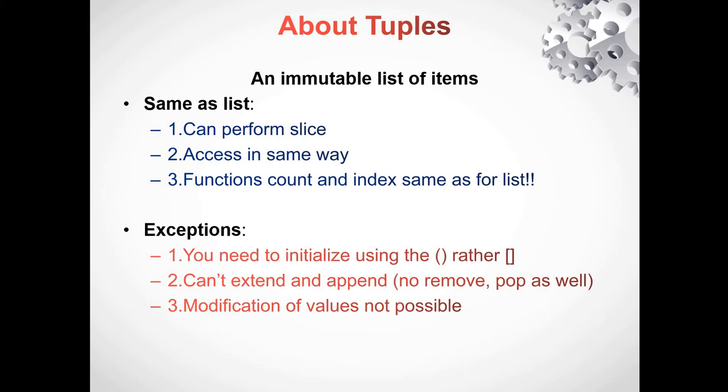You cannot extend, you cannot append, and no remove or pop operations are allowed on tuples. Why? Because they are immutable in all senses, so modification of values is also not possible, right? With this we proceed further with the IDE, where we will see something happening. Okay, so let's move ahead.